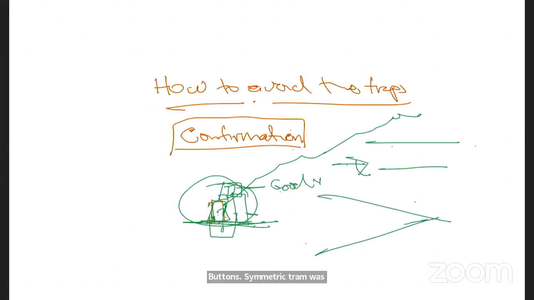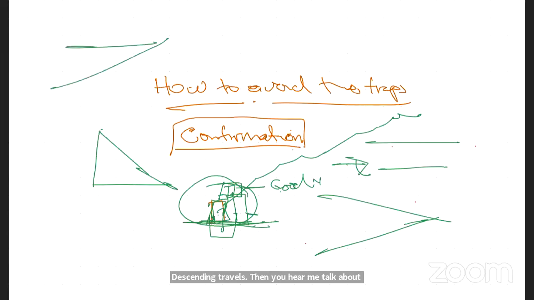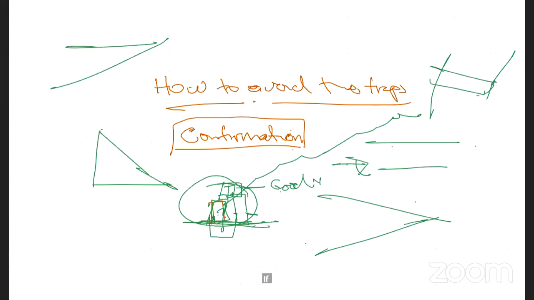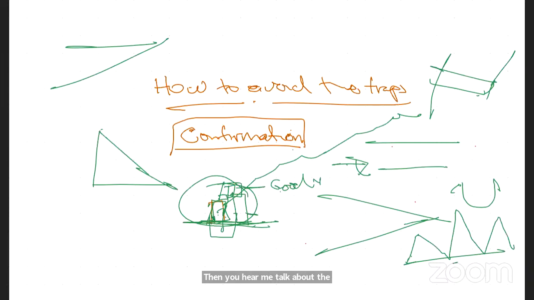Then you will hear me talking about descending triangles, ascending triangles, the flag pattern, a cup and handle, the head and shoulders, the double tops, and the double bottoms.